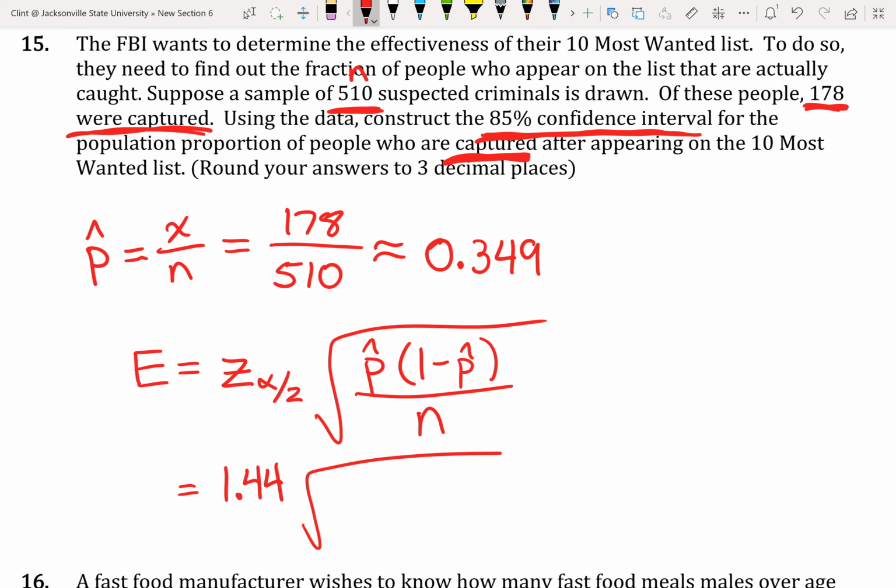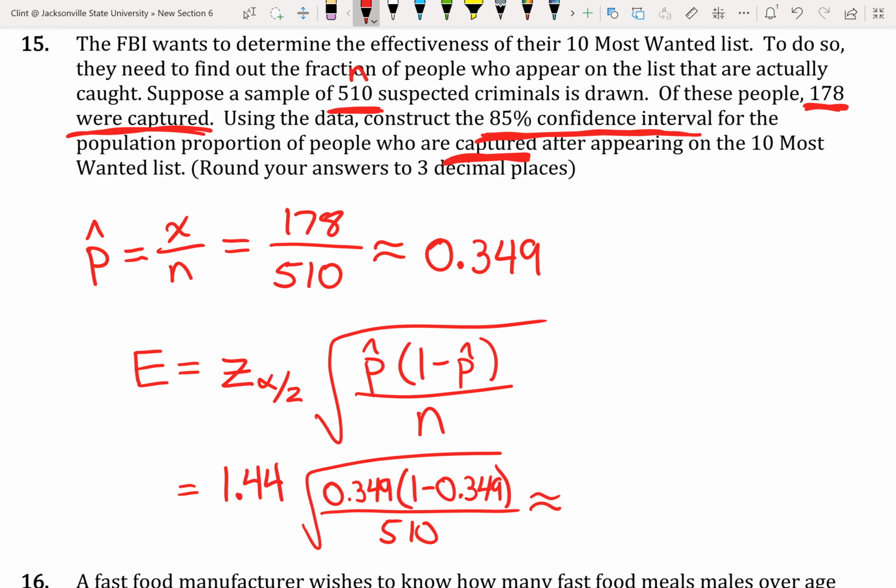times the square root of 0.349 times 1 minus 0.349 divided by 510. And again, you don't want to round too much, so leave 5 or 6 places here. Okay, so the way I like doing these is I like doing the square root part first.